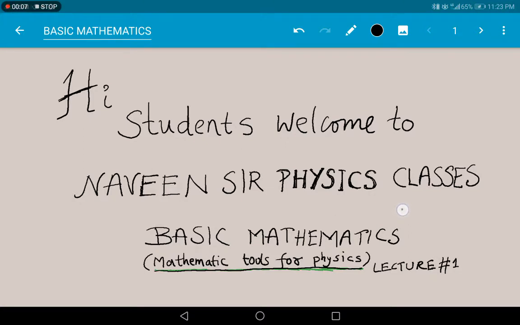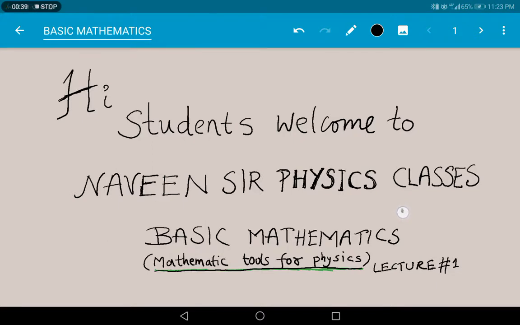So in this session we are going to discuss basic mathematics required for physics. Mathematics is a basic tool for deriving the relation between two or more physical quantities, and in deriving the experimental verifications we are using some basic rules or basic tools in mathematics.